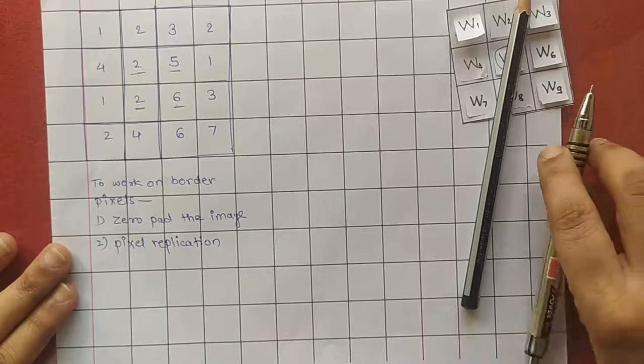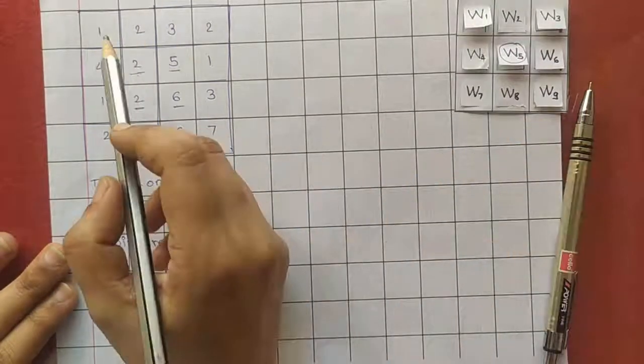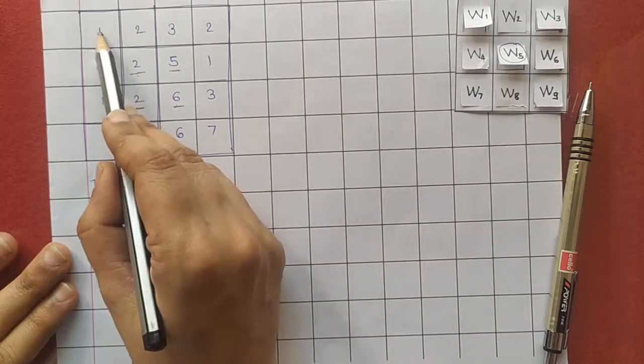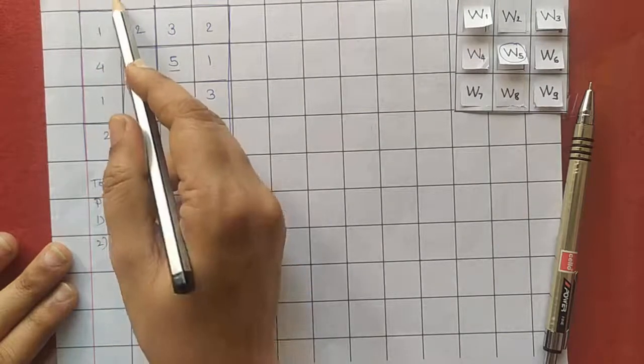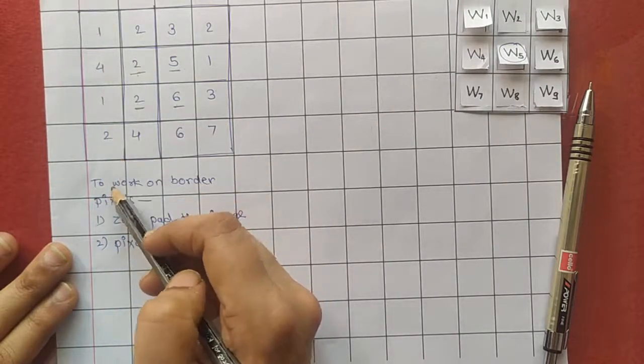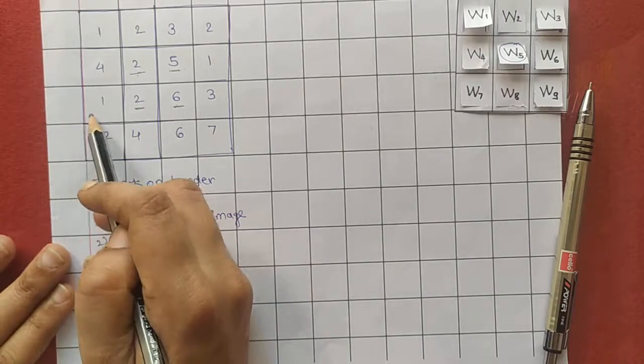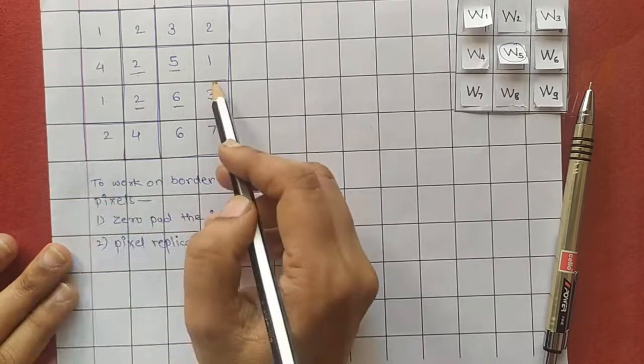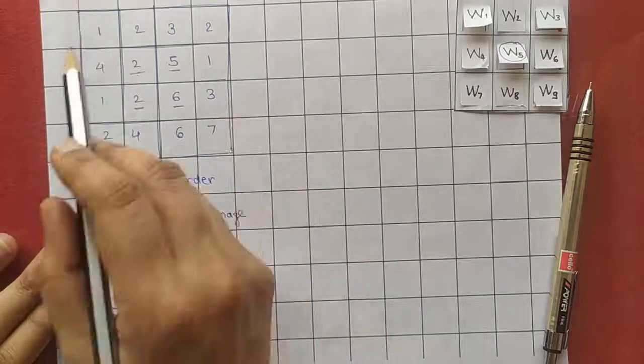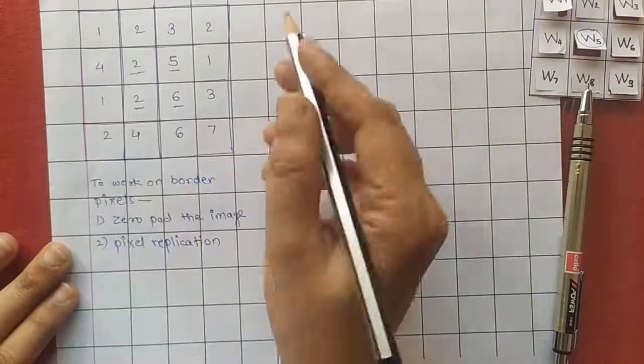Zero padding of an image means what? We have to add 1 row of 0 at the start, 1 row of 0 at the end, and 1 column of 0 at the start and a column of 0 at the end of this image. So our image is this.